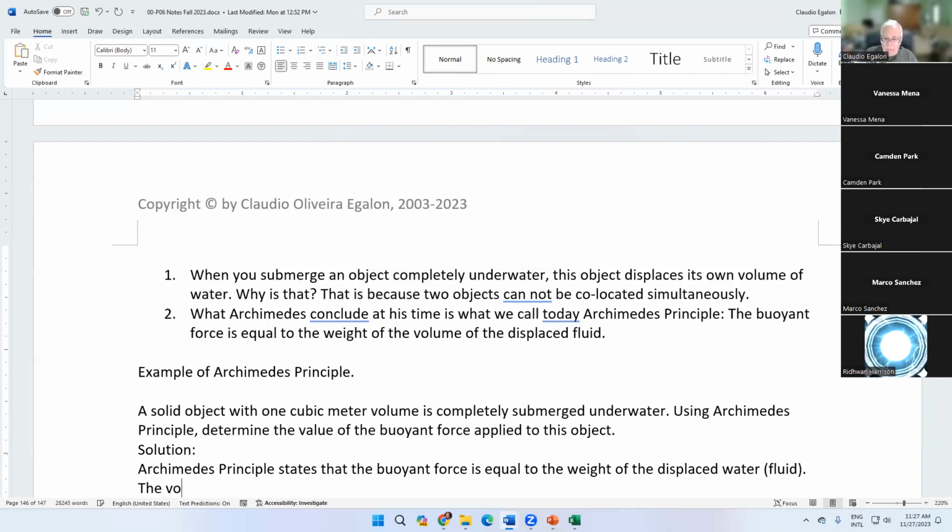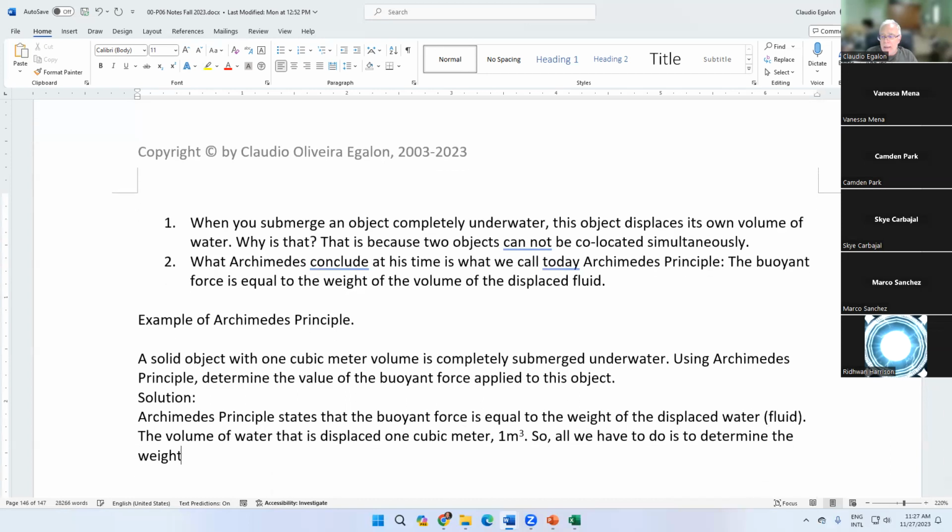The volume of water that is displaced is what? I already mentioned it to you: 1 cubic meter. So all we have to do is to determine the weight of this volume of displaced water.